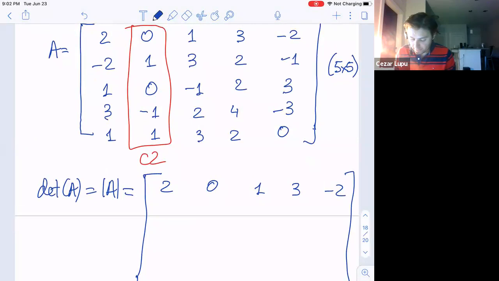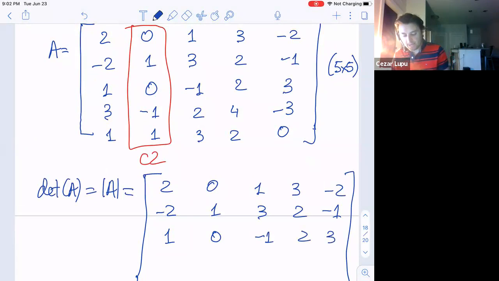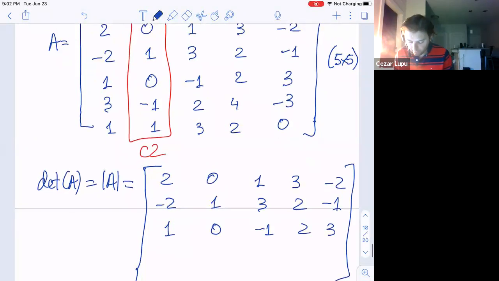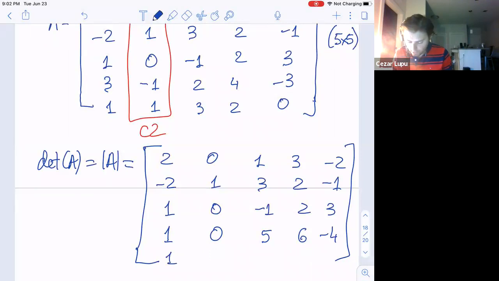Then -2, 1, 3, 2, -1, and 1, 0, -1, 2, 3. And we said we're gonna add the second row to the fourth row. So we're gonna have 1, 0, 5, 6, and -4. Okay, and 1, 1, 3, 2, 0.